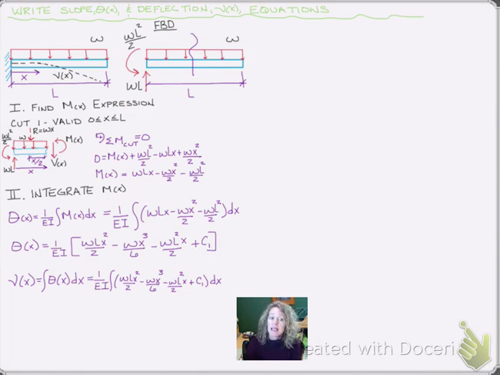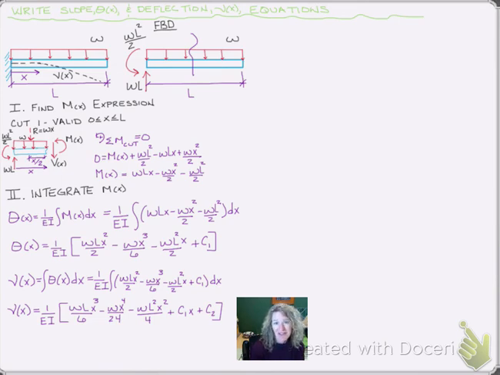So when we integrate that, our displacement is going to be equal to 1 over EI times the integral of WL x cubed over 6 minus WX to the 4th over 24 minus WL squared x squared over 4 plus C1x, because C1 is a constant, so it will now have an x. And then we have to have another constant of integration because this integral also didn't have boundaries on it.